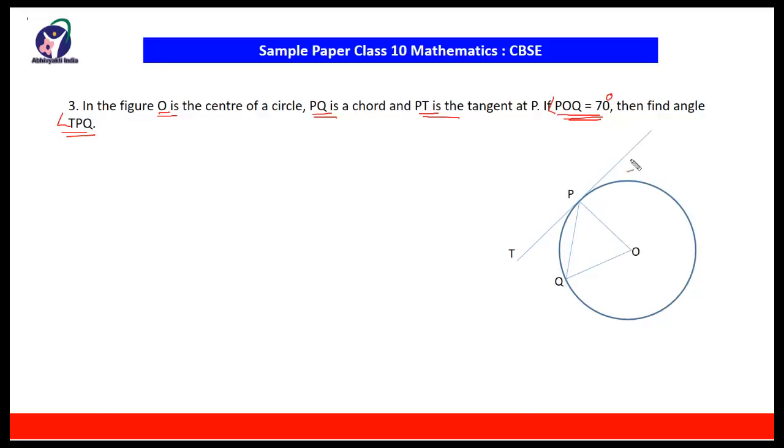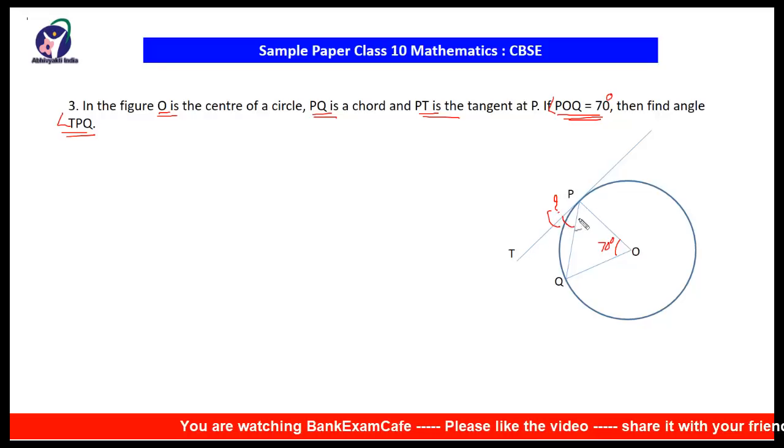Here it is given that TP is a tangent at point P and PQ is a chord, and the angle POQ is given as 70 degrees, and we have to find the angle TPQ. This angle we have to find.